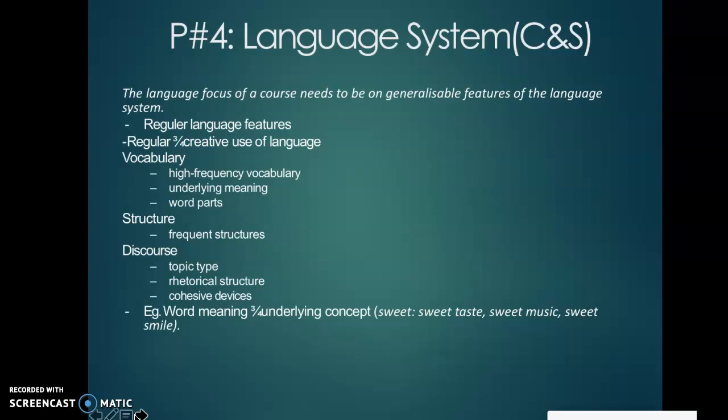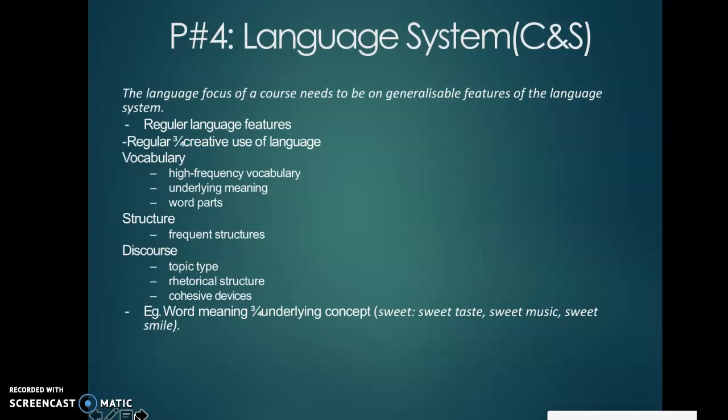Language system. The language focus of a course needs to be on generalizable features of the language system. So it is regular language features, regular creative use of language, vocabulary like high-frequency vocabulary, underlying meaning, and also the word parts.